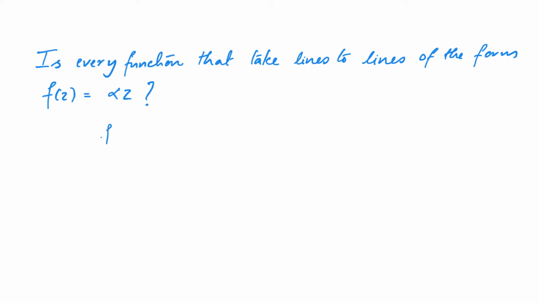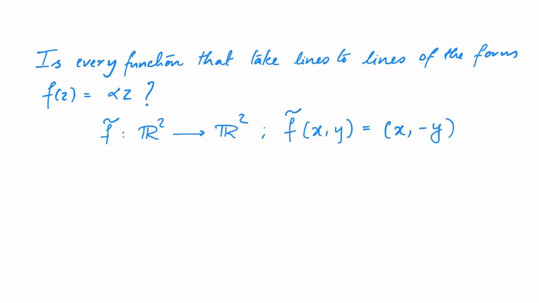Consider the function f tilde from R2 to R2 defined as f tilde of (x, y) equal to (x, minus y). Now notice that this function takes lines to lines, and therefore the similar function f from C to C defined as f of x plus iy equal to x minus iy should take lines to lines.